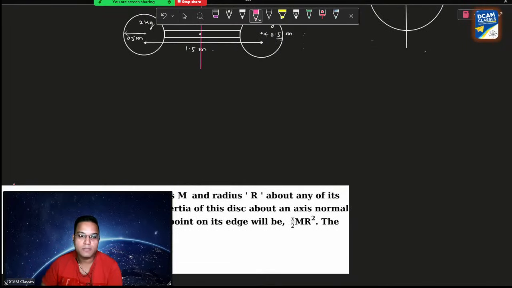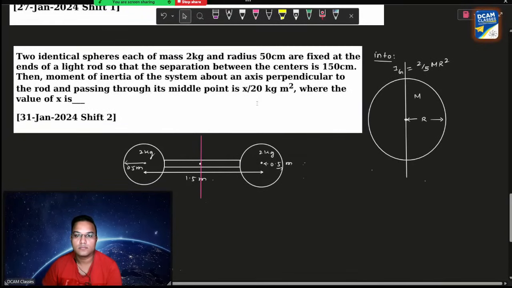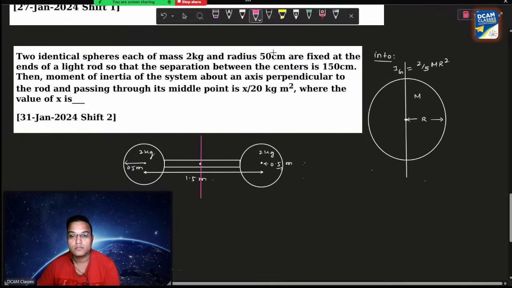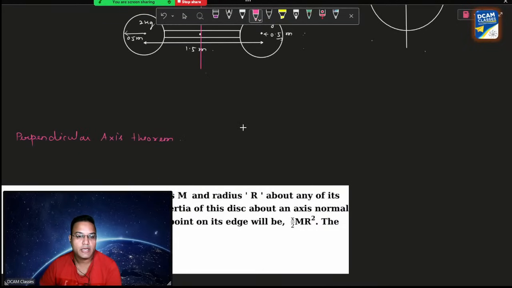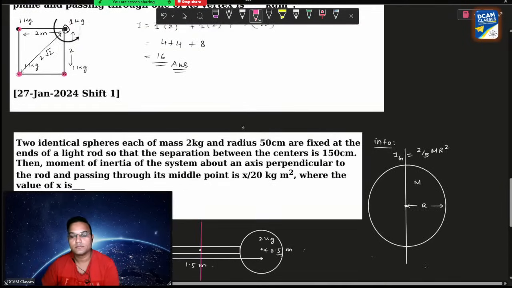After this, I'll teach you the perpendicular axis theorem in the next class. I think it will take time for you to solve, so take it as homework.